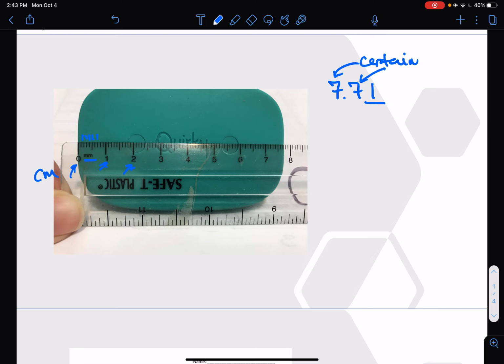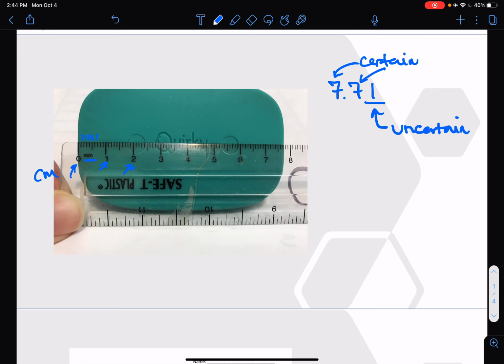Well, the thing is, all three people are correct because this number right here is uncertain. Or we're not sure about it, or it's our guess, or it's our estimate. So as long as those first two numbers match with all three of the people making the measurement here, we're good because those are the certain numbers, and the last one is uncertain, so there's wiggle room there.